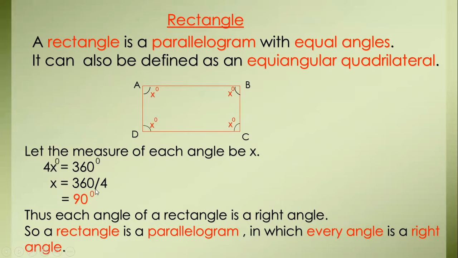Then x is equal to 360 divided by 4, which is 90 degrees. It's a right angle. Thus each angle of a rectangle is a right angle. It's very important. So a rectangle is a parallelogram in which every angle is a right angle.